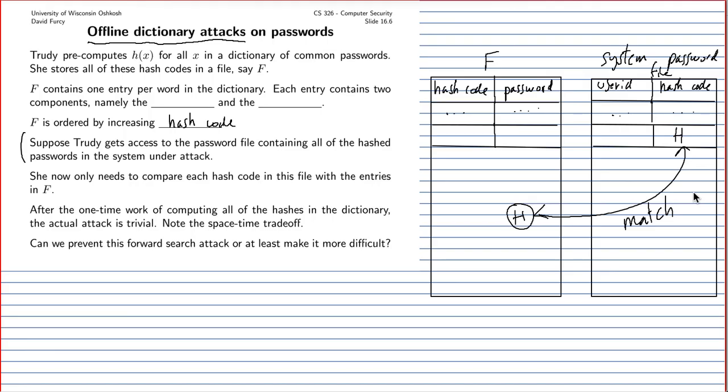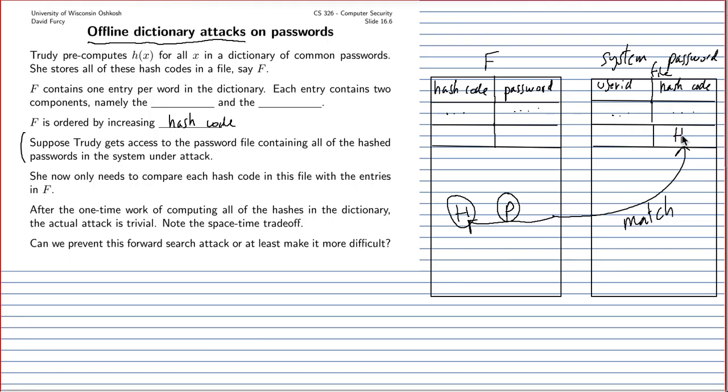Because what happens is, the hash code is on this side, right, in this file. So Trudy has found a match with a hash code that she computed, and therefore she knows the password that corresponds to this hash code.